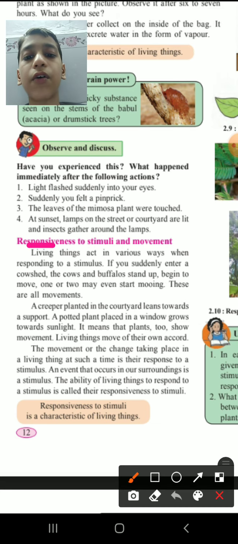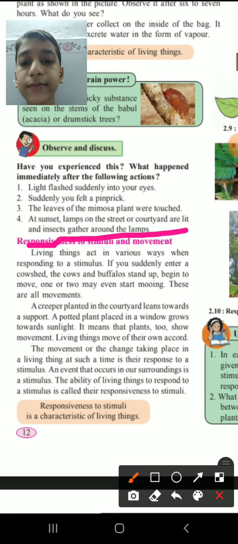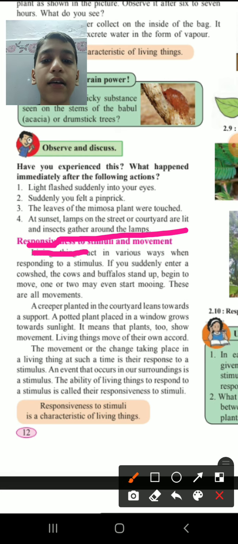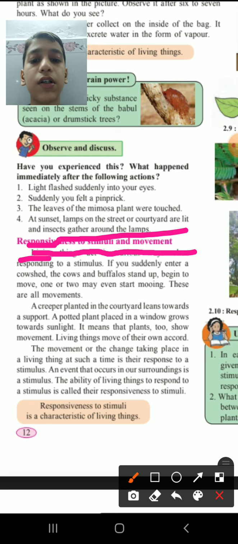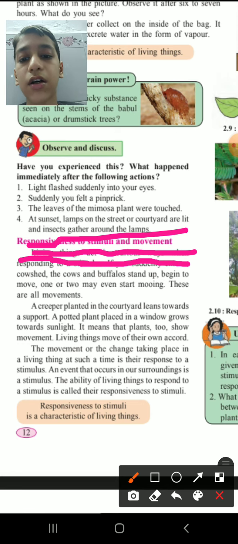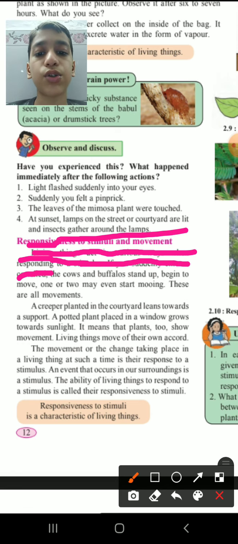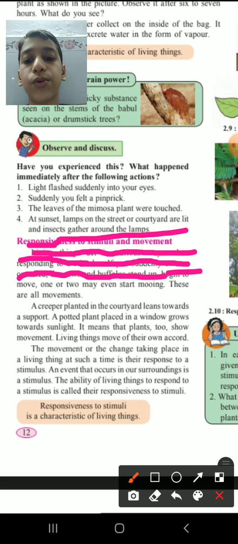Responsiveness to stimuli and movement. Living things act in various ways when responding to a stimulus. If you suddenly enter a cow shed, the cows and buffaloes stand up and begin to move.